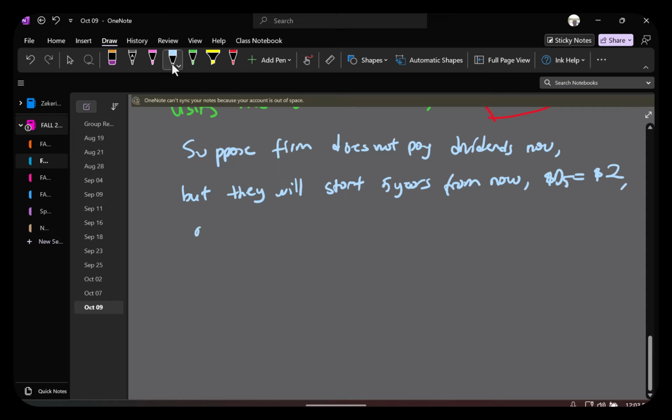And after that, they expect to grow at 4%, R equals 13.75%. What's the value of the firm?